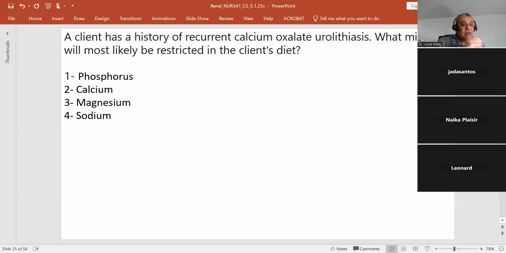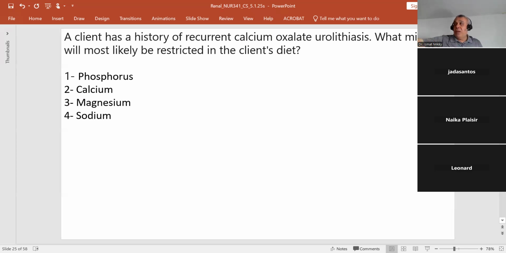So this is calcium oxalate urolithiasis, and the answer for this one, calcium? It's actually sodium. Sodium.